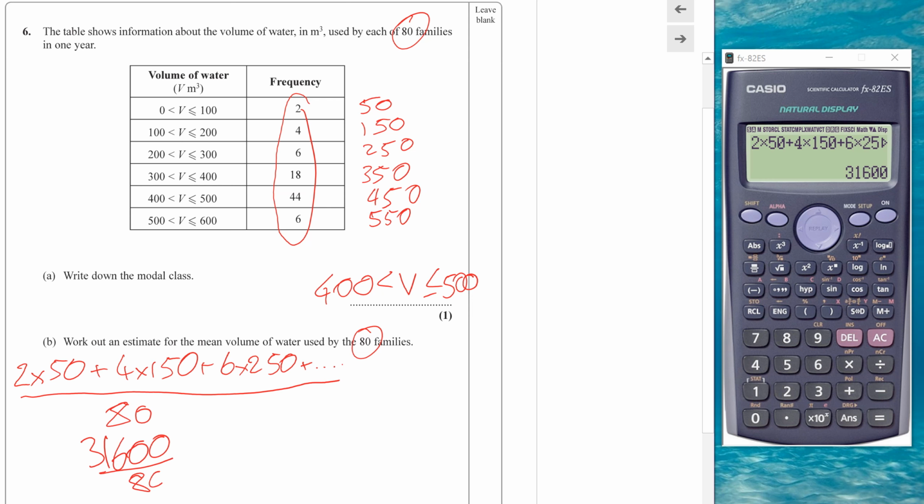That is what we're going to divide by 80. So divide by 80 equals, and we get the answer 395. And there we go.